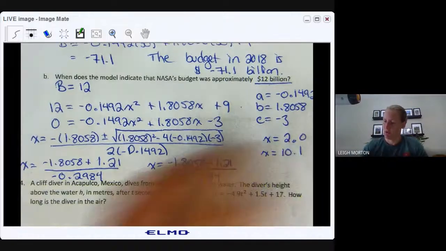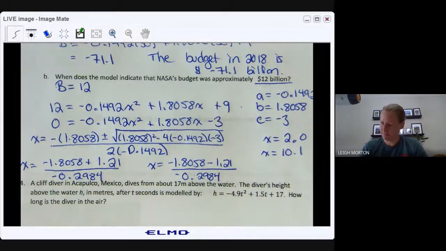So I get x equals 2.0 or x equals 2.1. Yeah. All right.